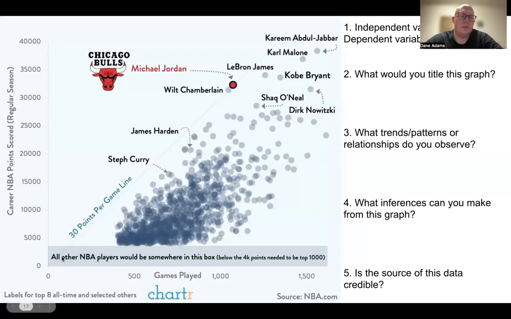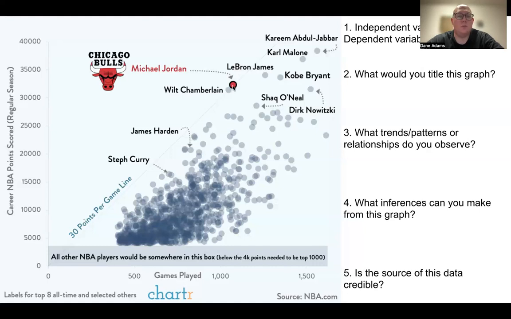One of the things I noticed when looking at the graph is this line here that says 30 points per game line, and how all of these dots fall underneath it, except for 2. There are 2 dots that are above that line, meaning that these players throughout their entire career scored more than 30 points per game. And obviously one of them is highlighted in red, that being Michael Jordan.